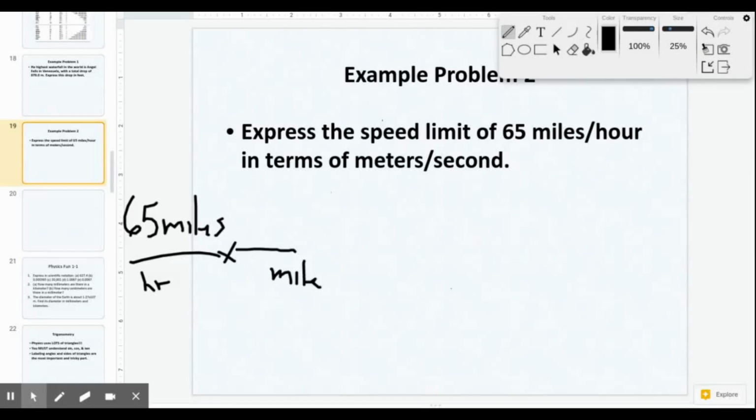And then we could go miles to feet. In 1 mile, there's 5,280 feet. And if you're not familiar with that, write that down. So 1 mile equals 5,280 feet.